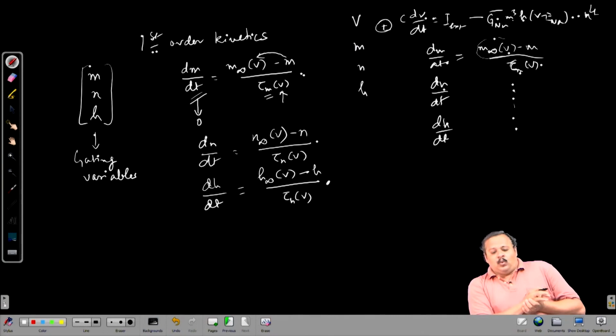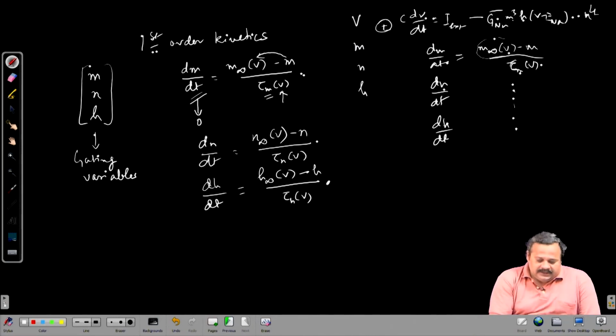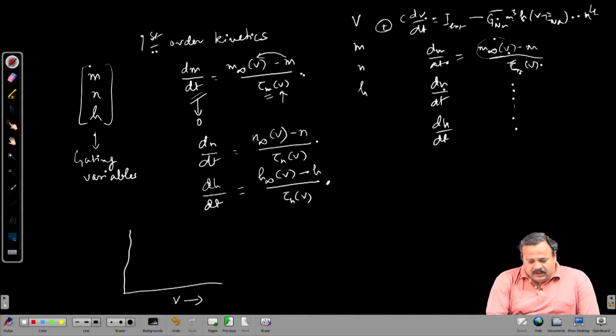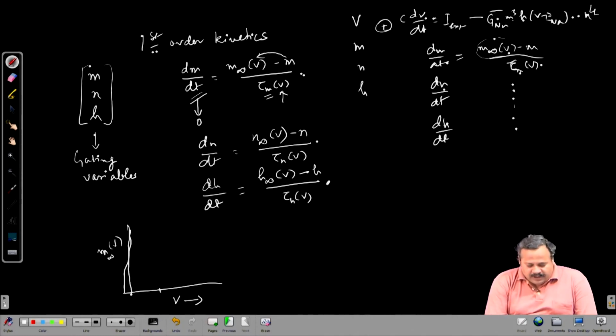And what they found is that if we have m infinity as a function of V, and the resting membrane potential is around minus 60 millivolt, then there is a small value of m infinity V, and then it rises and reaches 1.